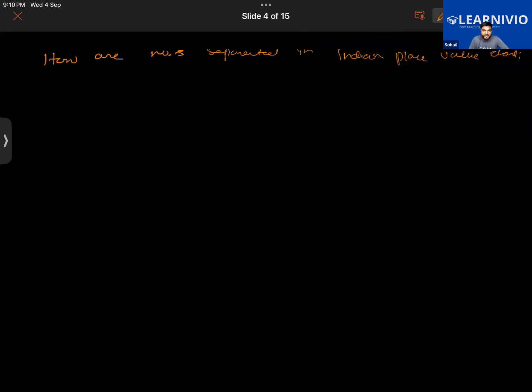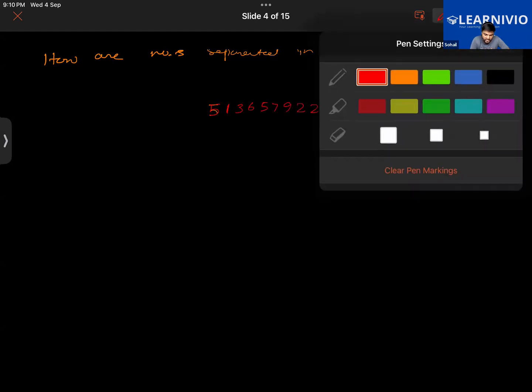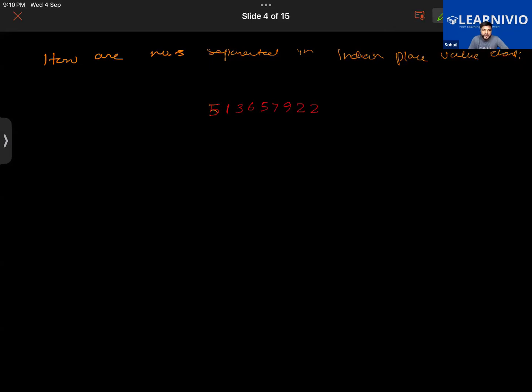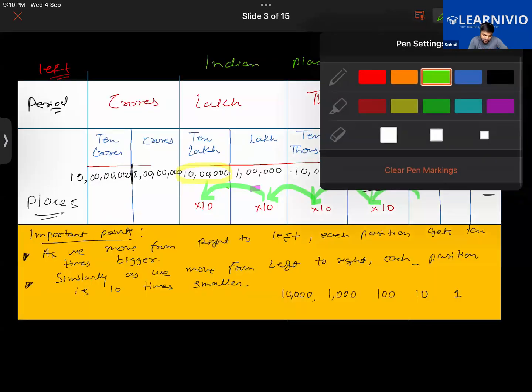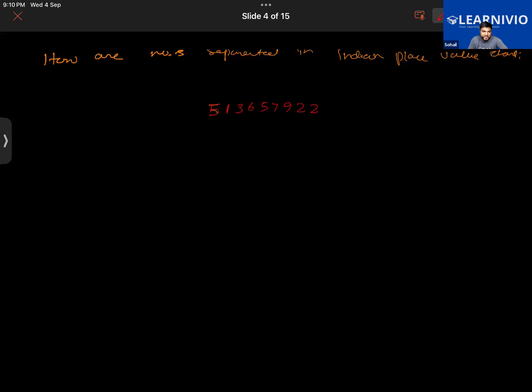Say that we have this number, let us say 5, 1, 3, 6, 5, 7, 9, 2, 2. According to the Indian place value system, we will be putting the first comma after the hundreds place, or basically after the first period ends. Like if I were to write down the number here, how many digits are there in this? They are 1, 2, 3, 4, 5, 6, 7, 8, 9 digits.